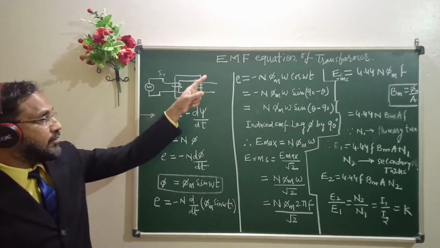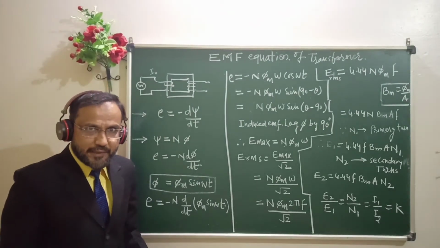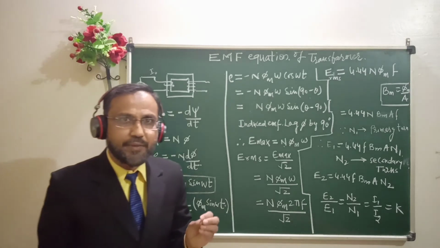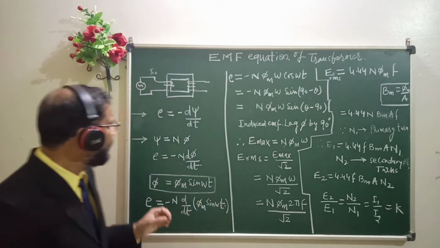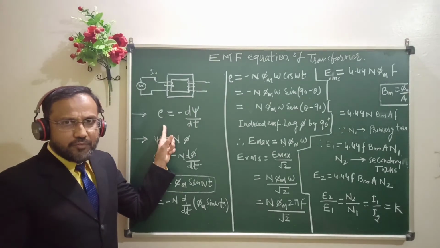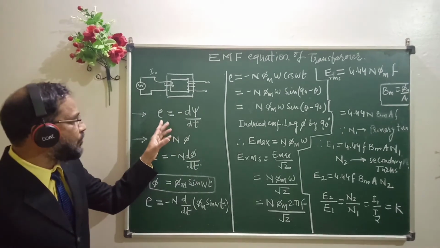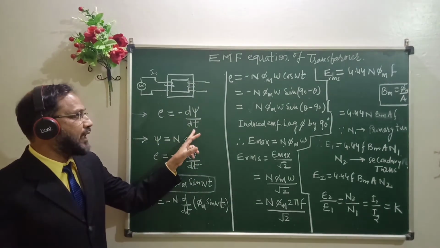Remember, we have to develop the EMF equation of the transformer. It means we need to see which parameters the EMF depends on. This is the general equation for the instantaneous value of the induced EMF: E equal to minus d psi by dt.